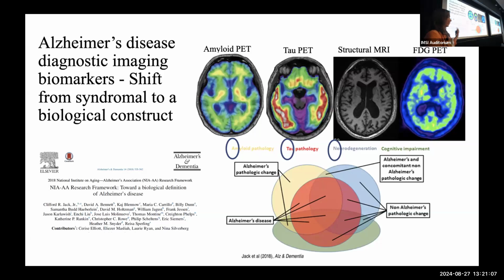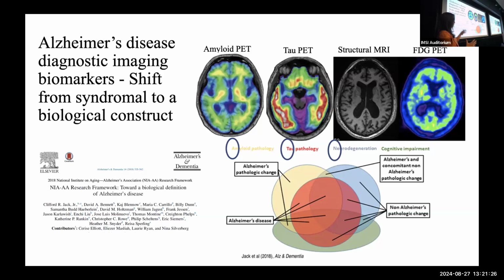Meaning we observe amyloid accumulation first. That leads to downstream tau pathology accumulation in the brain, which leads to neurodegeneration, and which leads to cognitive impairment, the clinical symptoms and the clinical diagnosis. It's a very simplified biological model, and there are lots of unknowns.